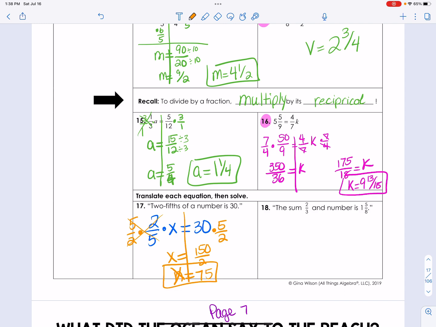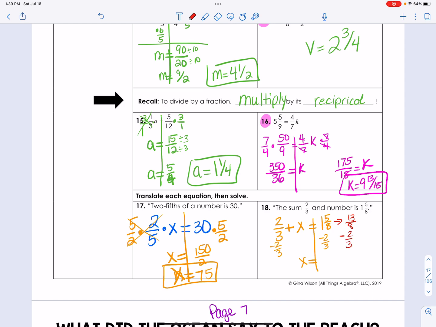Okay. So the sum of 2/3, sum is plus, and a number is 1 5/8. So how would I get rid of adding 2/3? I would subtract 2/3. Okay, but now I'm going to have to write these. And when it's subtraction, I don't like leaving them. I'm going to change this to 13/8 minus 2/3.